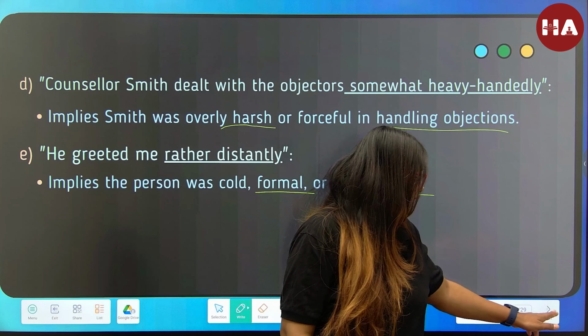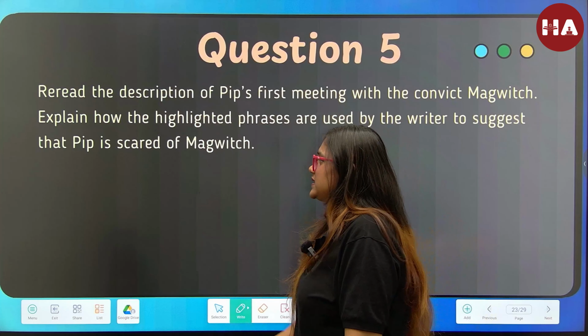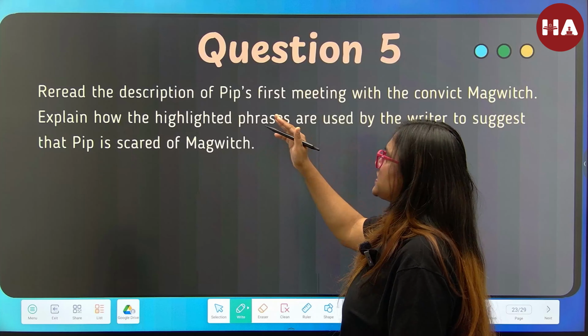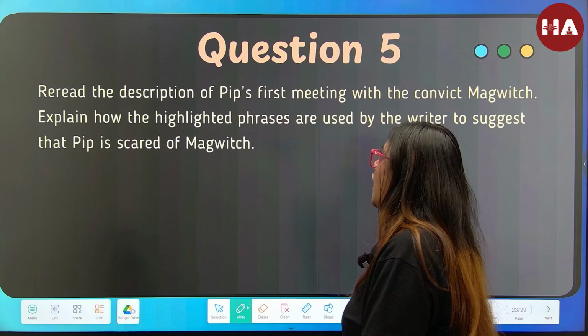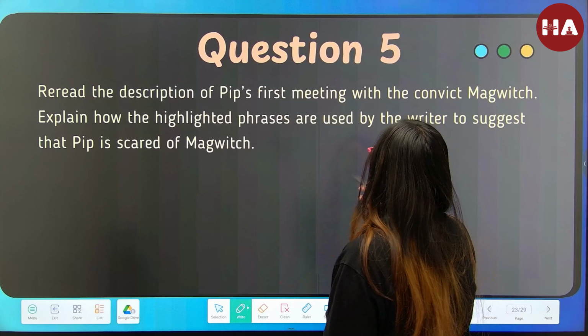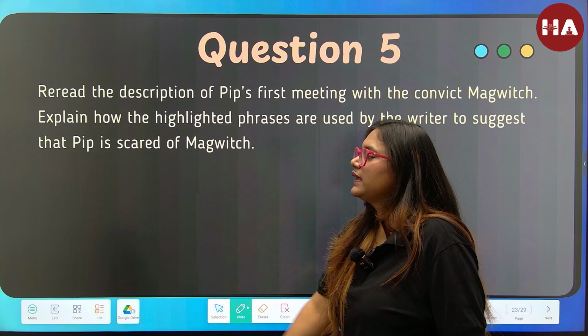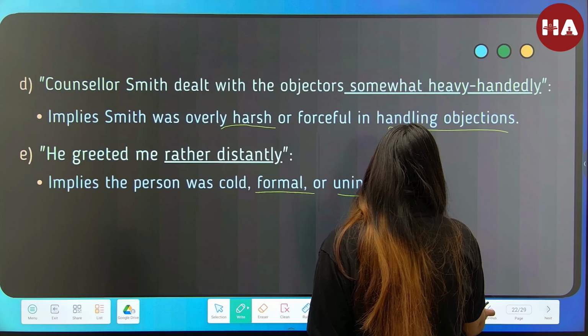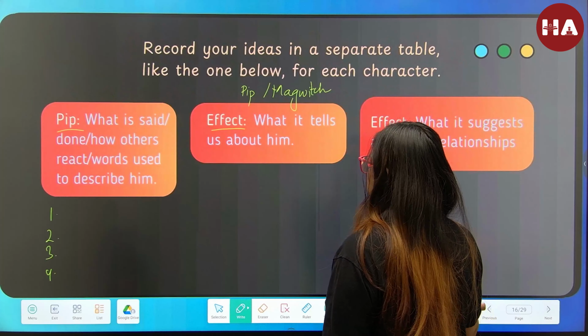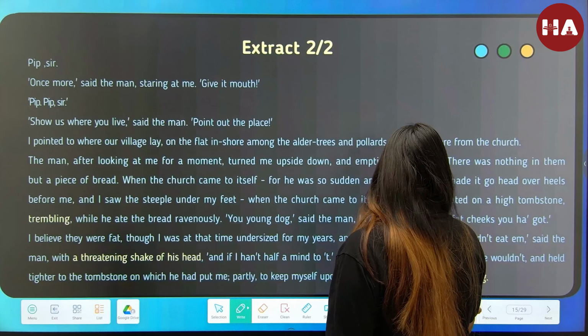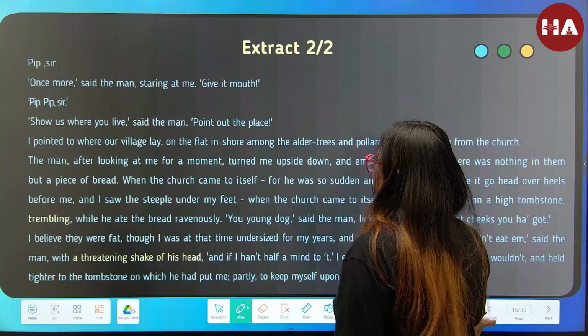Alright. Let's see the next one: reread the description of Pip's first meeting with the convict Magwitch. Explain how the highlighted phrases are used by the writer to suggest that Pip is scared of Magwitch. So I'll take you back to the extract, students, and you can see all the highlighted phrases which have been used.